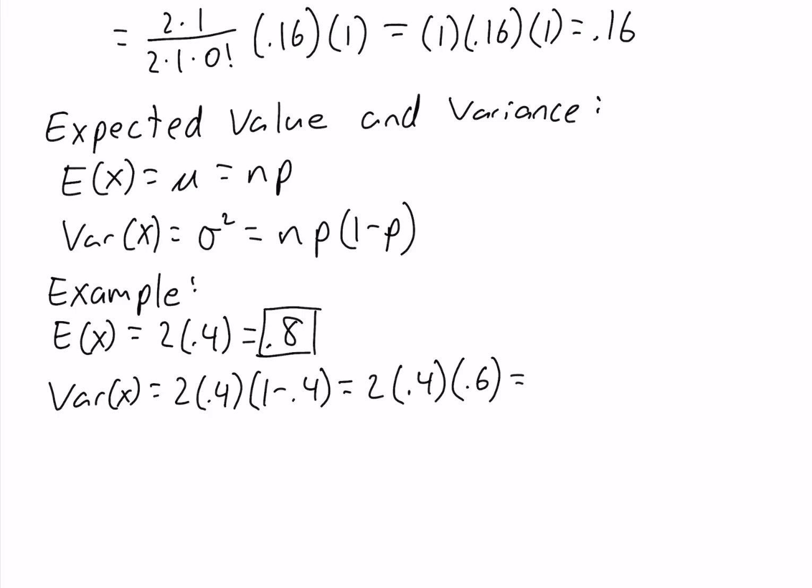So 0.4 times 0.6 is 0.24. So it's 2 times 0.24, which is equal to 0.48. And if we want to find the standard deviation, we simply just take the square root of 0.48.